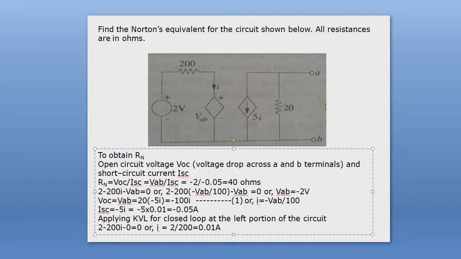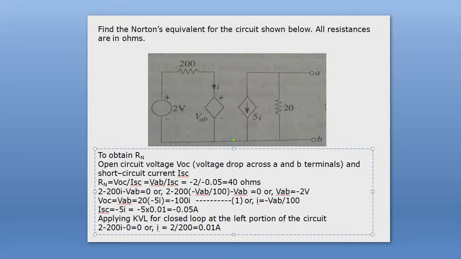For a circuit having both independent and dependent sources, at first we will calculate short circuit current and open circuit voltage to obtain Norton resistance, because Norton resistance RN equal to open circuit voltage by short circuit current.